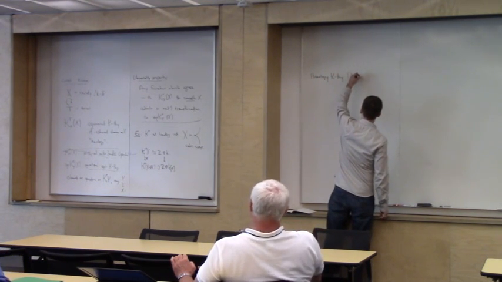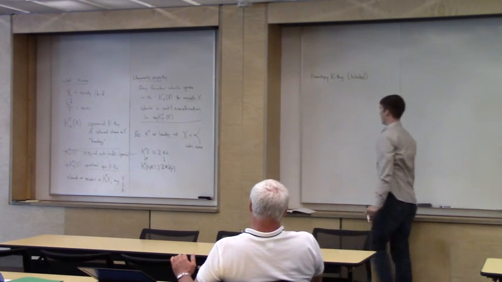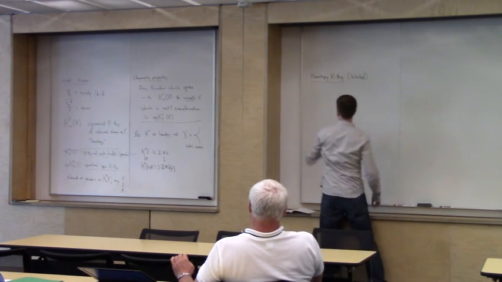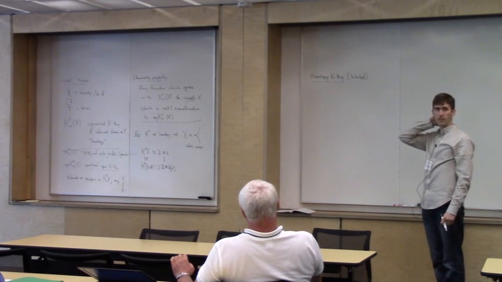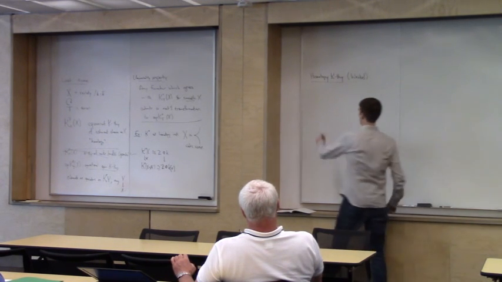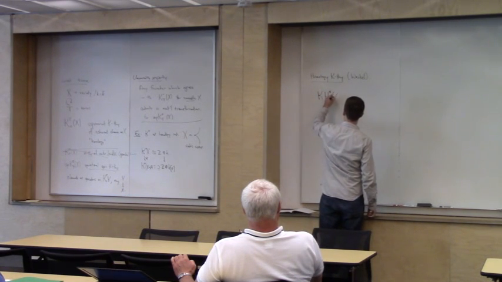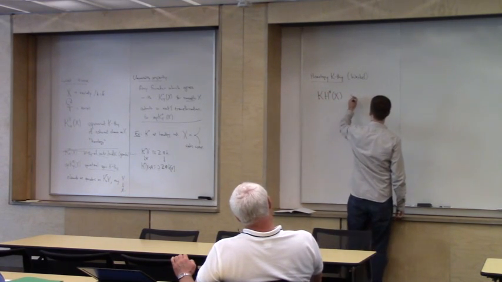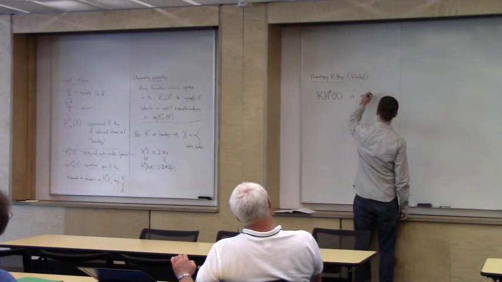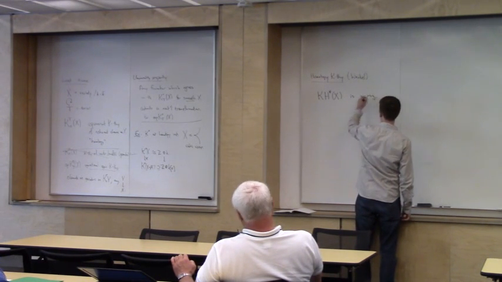And it was invented by Weibel. And it's essentially homotopy invariant by design. So KH of X is a ring. It's homotopy invariant.